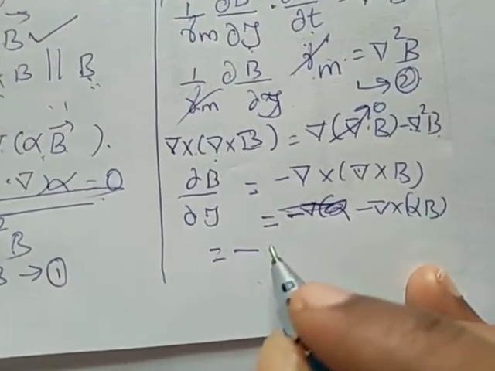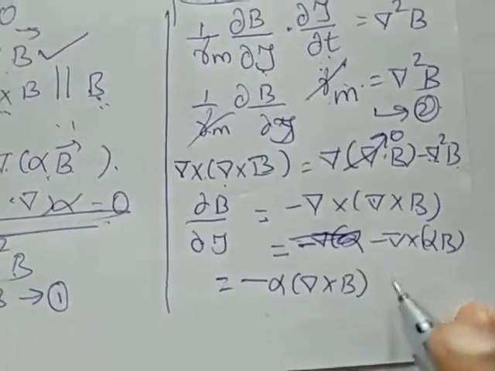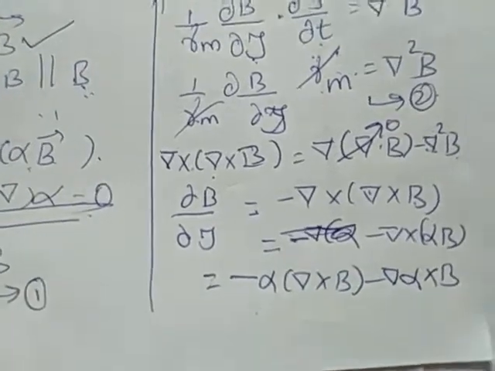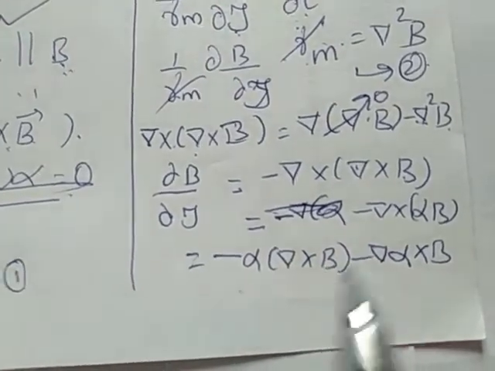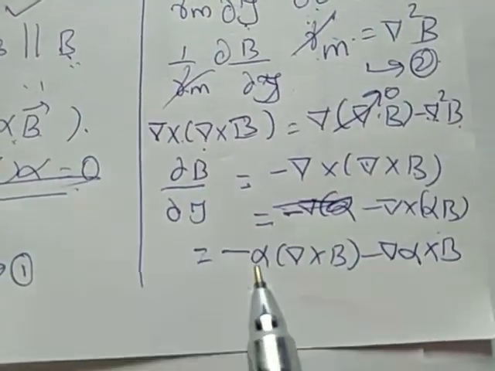We can write this as alpha into del cross B minus del alpha cross B. So what is del cross B? Del cross B is alpha B again. So here we will get alpha B again.